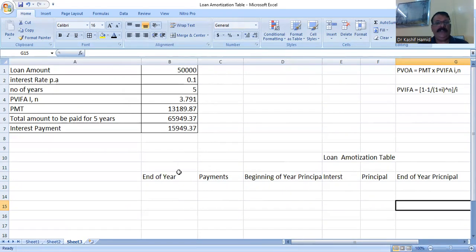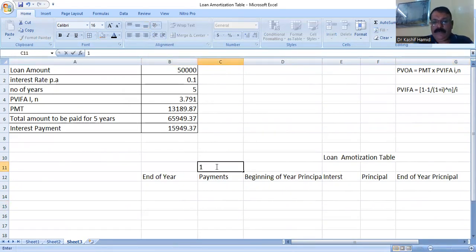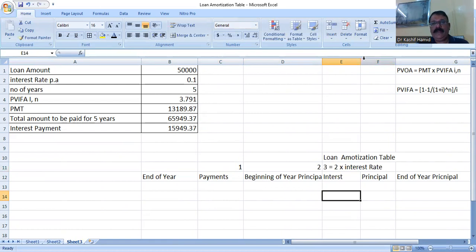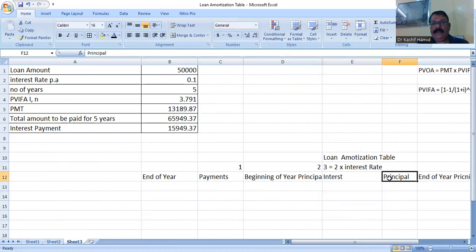Here the question that arises, let's say it is our first column, it's a second, it's a third column, that's equal to second column multiplied by interest rate, and the principal amount is equal to the fourth column.